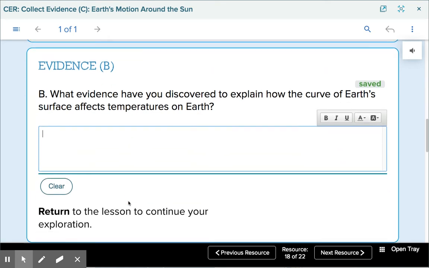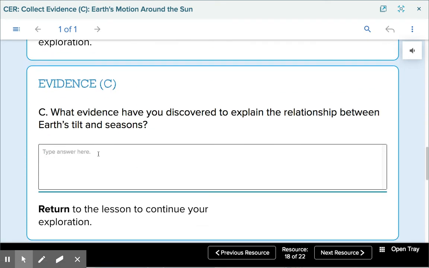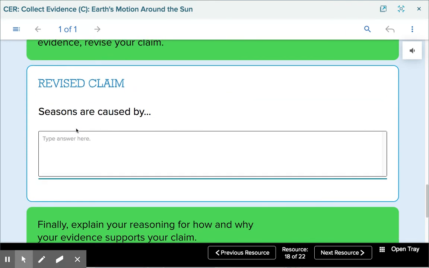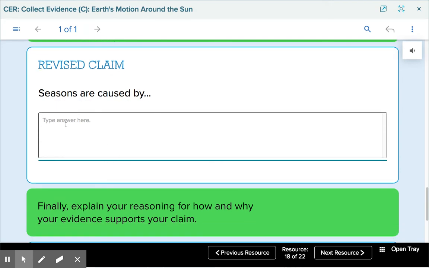Today, to finish up today's assignment, after you're done with the 3D thinking, you're going to write down your evidence for C. What have you discovered to explain the relationship between tilt and seasons? And then you may go ahead and finish up this form today. Do you want to revise your claim? Is it different than what you initially claimed?